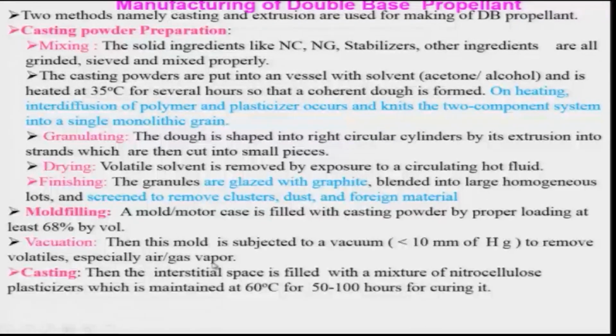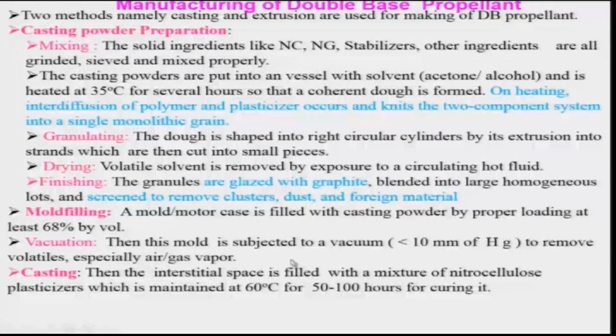After this, the mold is filled with a mixture of nitrocellulose and plasticizers such that the interstitial space is filled completely, and then it is kept at 60 degrees Celsius for 50 to 100 hours, depending on what kind of compactness and mixing is required, for curing.